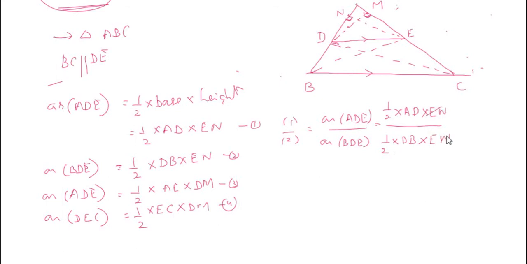So EN gets cancelled, half gets cancelled. So this is equal to AD by DB. Let us take this as 5.